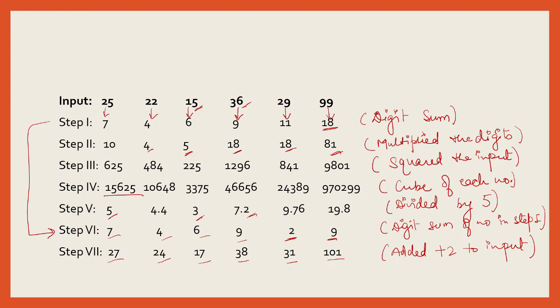And most of the mathematical operations used are these only, so you can just try these first, like squaring, cubing, division, addition, subtraction, or digit sum. These are the most frequently used mathematical operations.